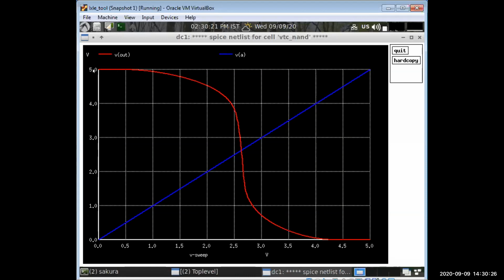When A and B go from 0 to 1, it is sweeping, then the VTC is actually shifted more to the right compared to the other 2 cases. What is the reason that sir said it? Anyone can say it? Yes. So now you can say, why is it shifting right.